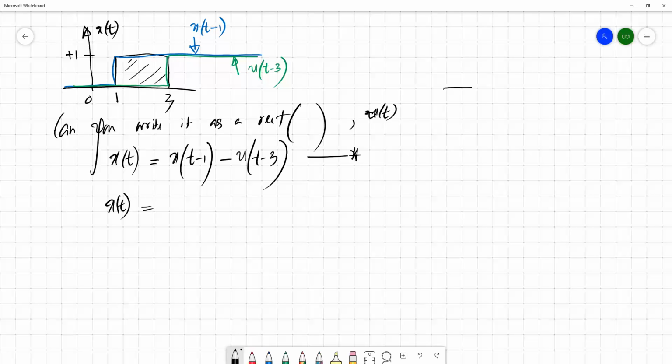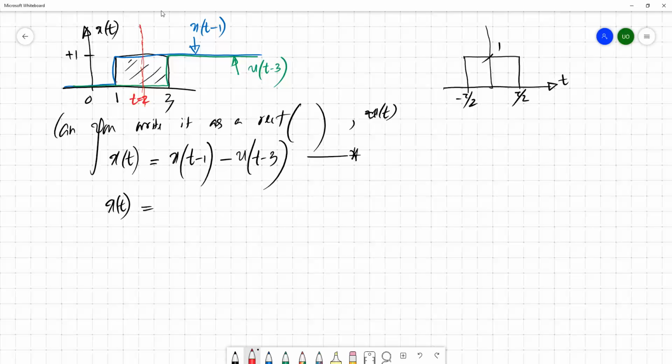The original rectangular function is something like that. It's symmetric about the vertical axis.